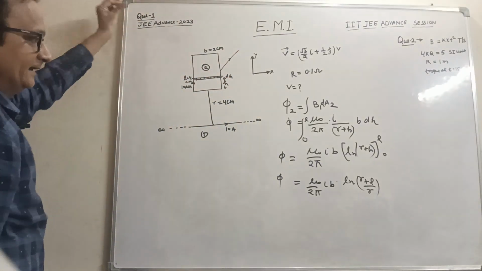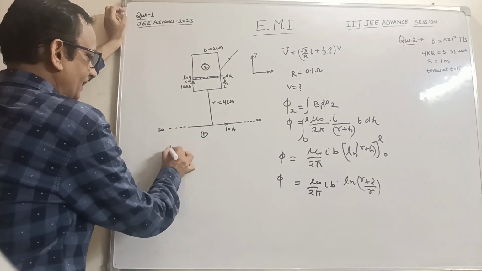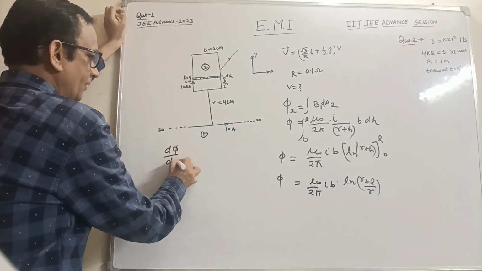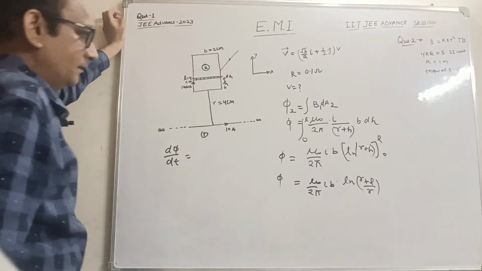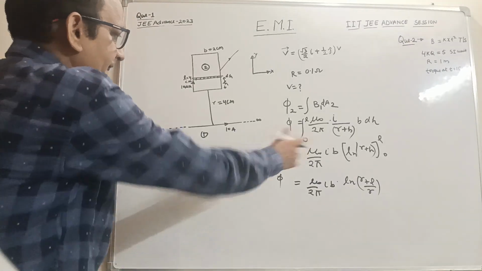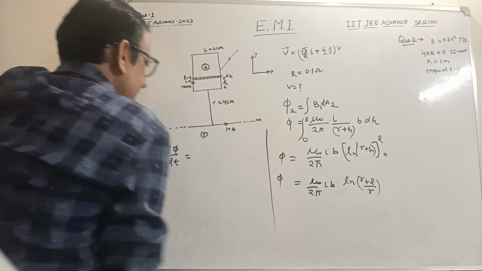Now we find the rate of change of flux, d phi over dt, by differentiating this with respect to t.